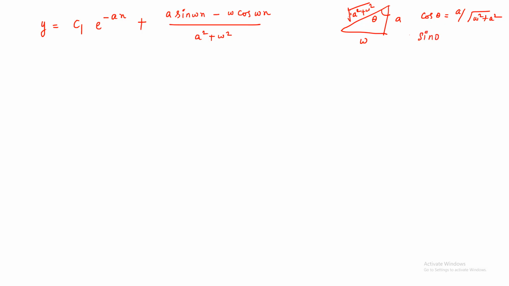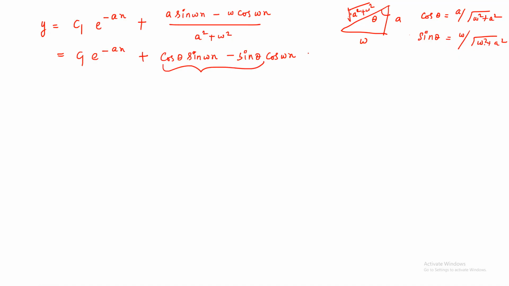Our sin theta will become omega by root of omega square plus A square. If we substitute cos theta instead of A by root of A square plus omega square, and sin theta instead of omega by root of A square plus omega square, then you will get C1 e power minus Ax plus cos theta sin omega x minus sin theta cos omega x, divided by root of A square plus omega square.